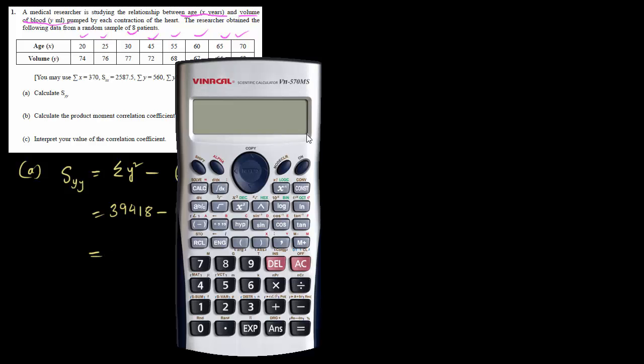So let's put down the values. First of all, we know the value of summation of Y squared. It is 39418. And we also know the value of summation of Y. Summation of Y is 560. And we have to square that, and there are altogether 8 data.